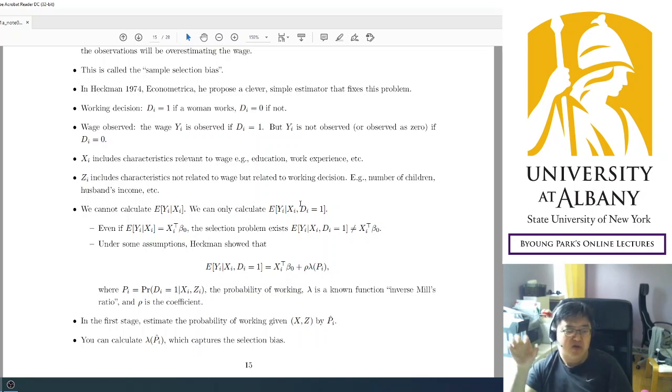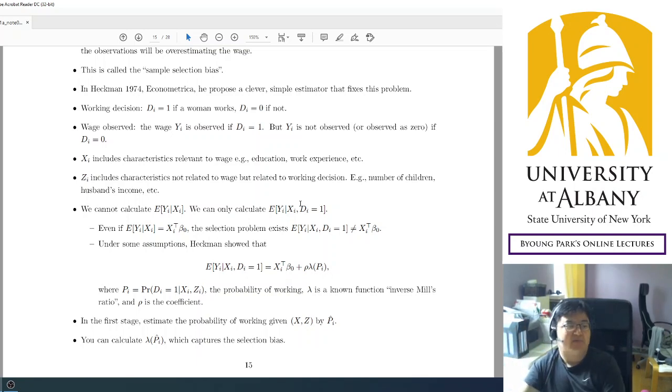For example, she is more satisfied by raising a family, while the woman who pursues her career is likely to be more ambitious. So whether she works or not carries some information about the wage.